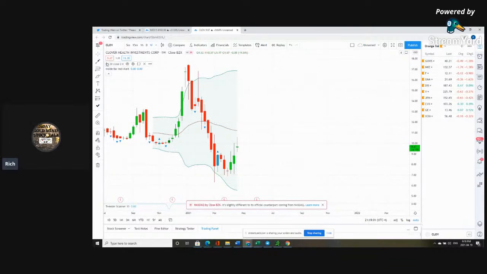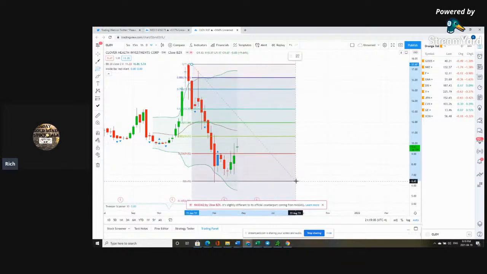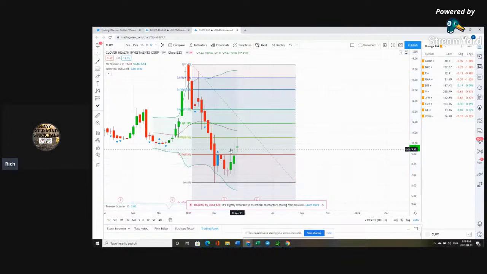Beautiful. So what I'm seeing here, let's take the Fibonacci of this whole range from the high to the low. And this, my friends, is why there is a rejection at $10.57. This is why there's a rejection. It's not the news. It's not your friends on Twitter. It's not the gurus. It is strictly Fibonaccis.